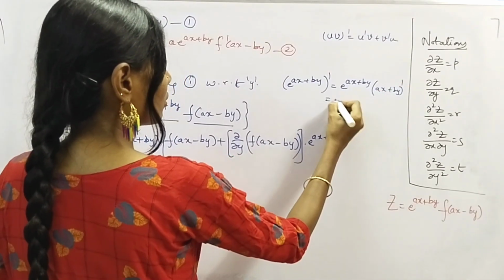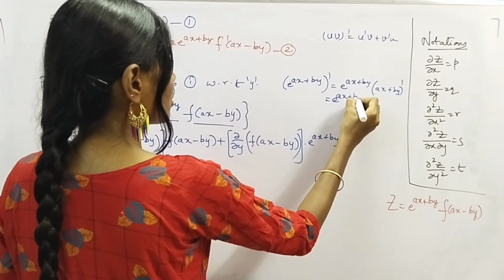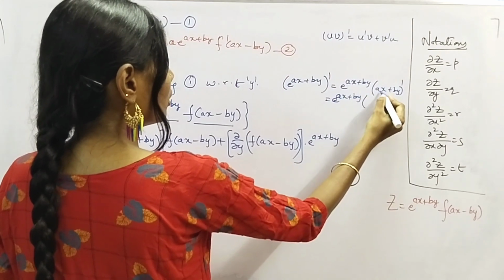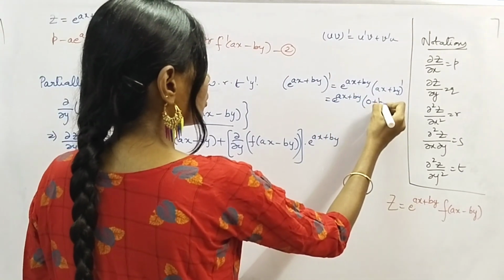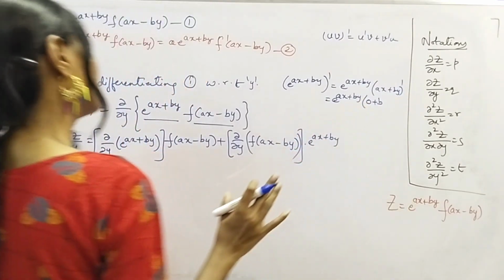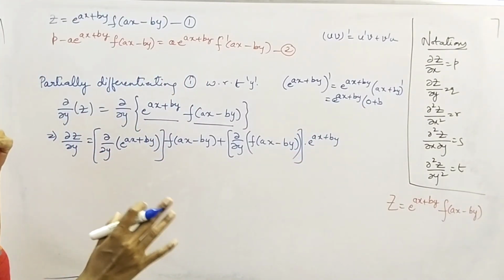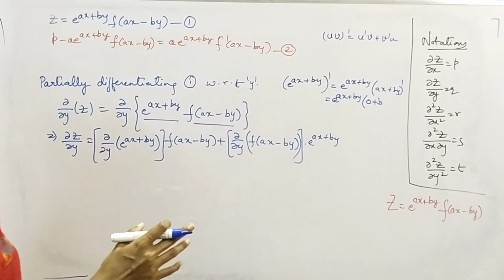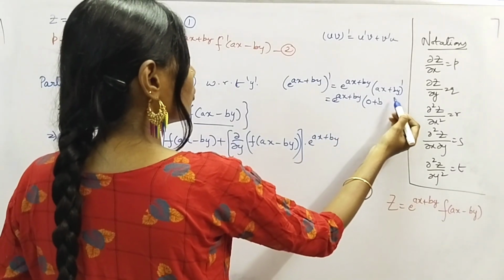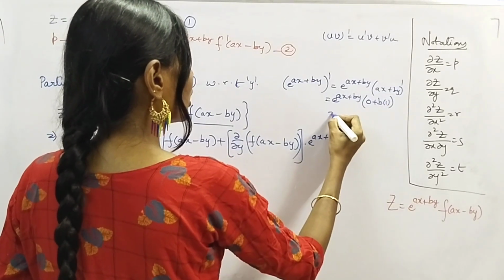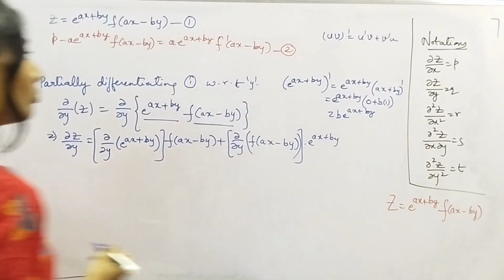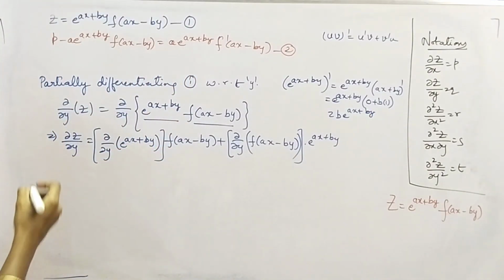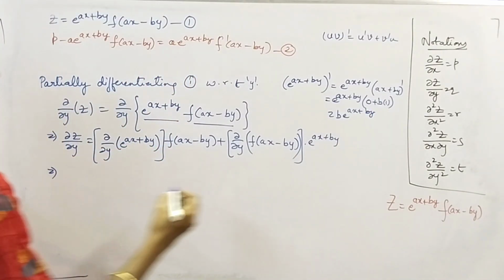You get e power ax plus by into the derivative with respect to x, which is 0 plus b into, here we are finding the partial derivative of this function with respect to y. So the derivative of y with respect to y is 1. So I'll get b into e power ax plus by. Right. For now, let's find here.